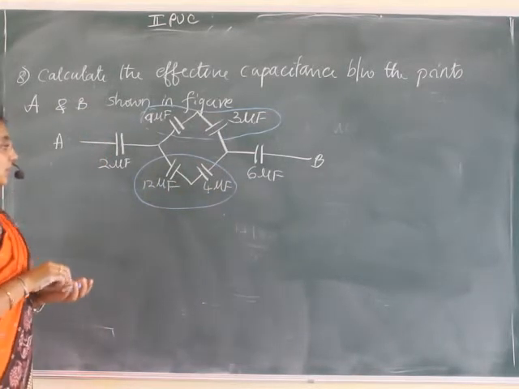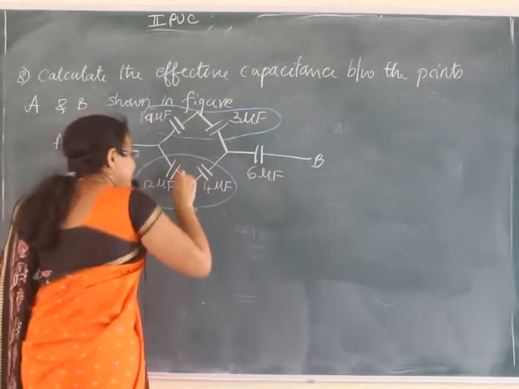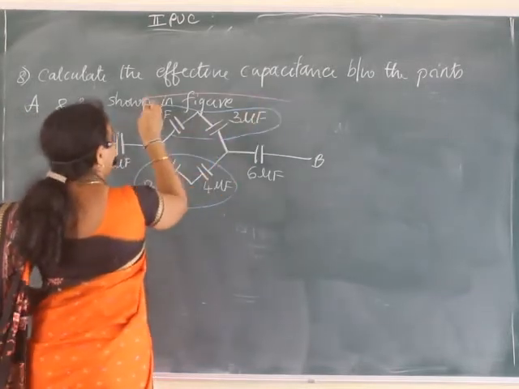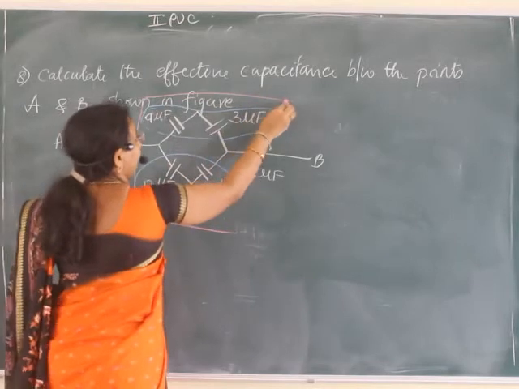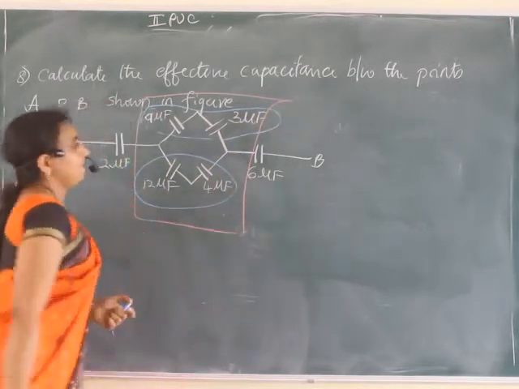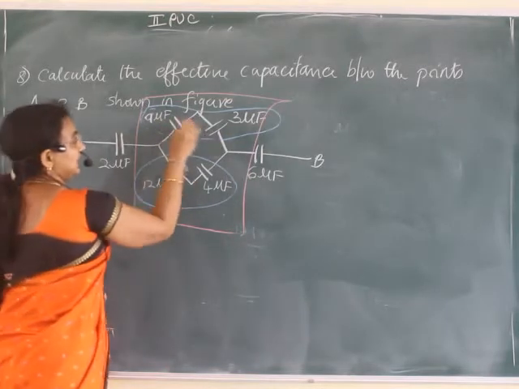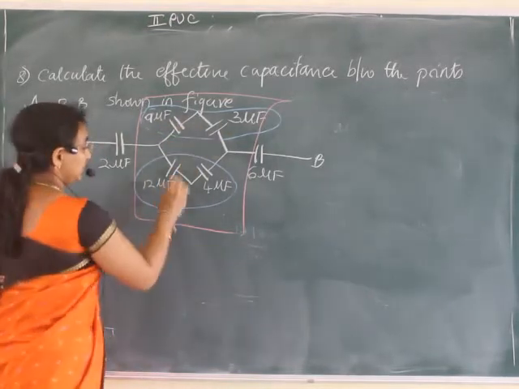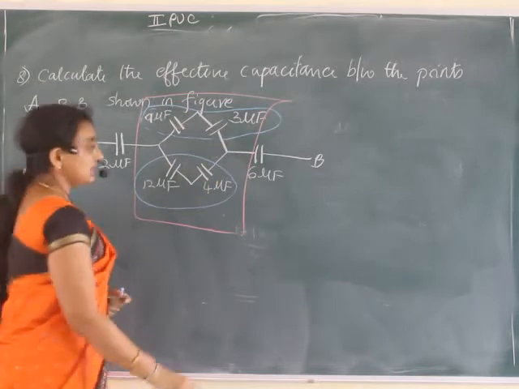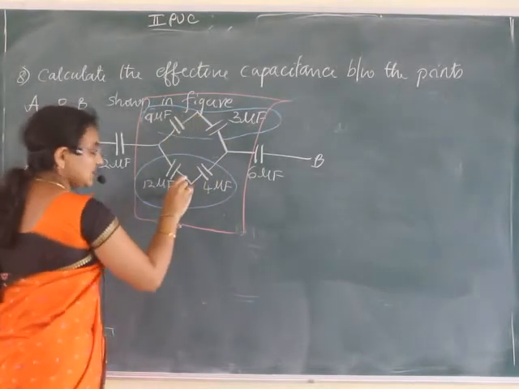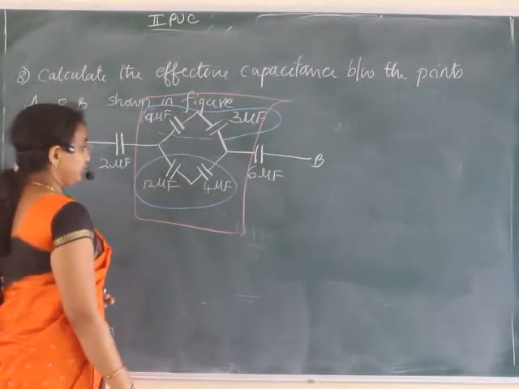But these two are in parallel. These two are in parallel now. These two are in series, so I'll take it as 1. These two are in series, I'll take it as 1. So now this one and this one together, it will be only 2.